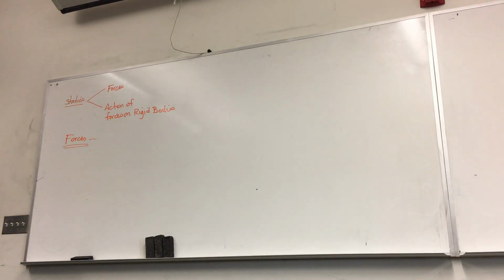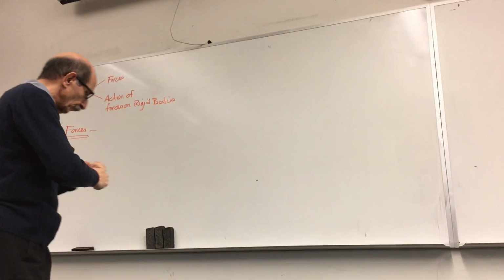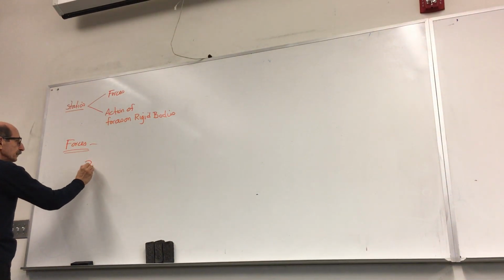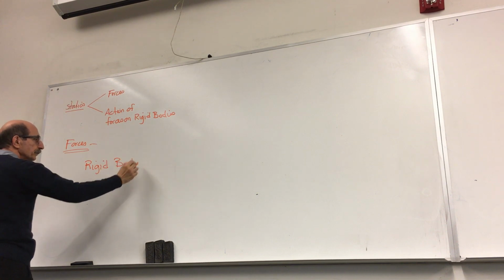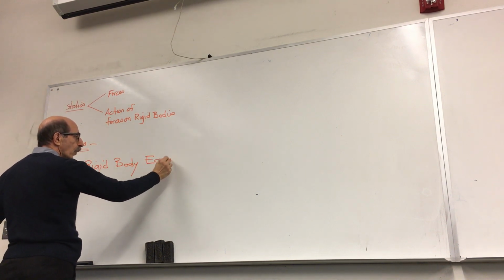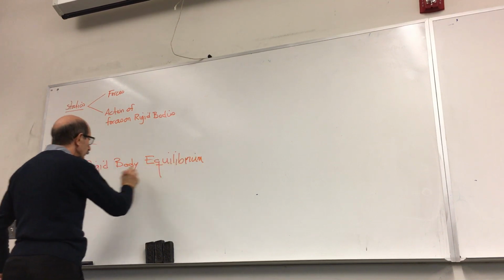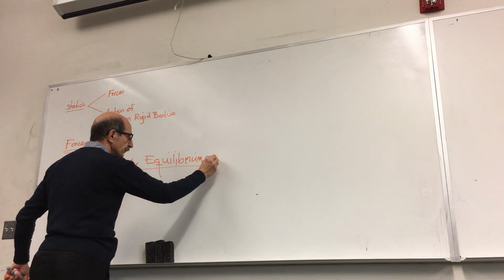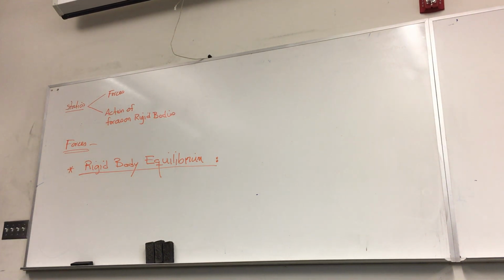But what we have not done so far is we have only looked at external forces acting on an object, okay? So what is rigid body equilibrium? Rigid body equilibrium, which is what we now want to study in the rest of the course, is nothing but studying the action of forces on objects, okay?